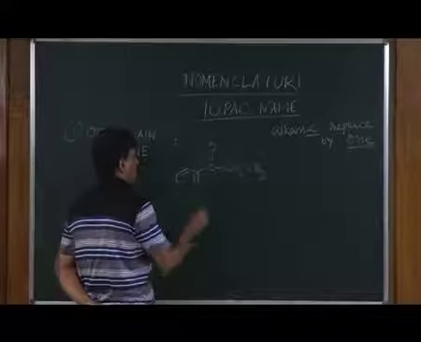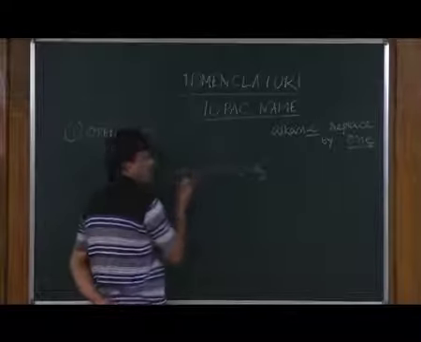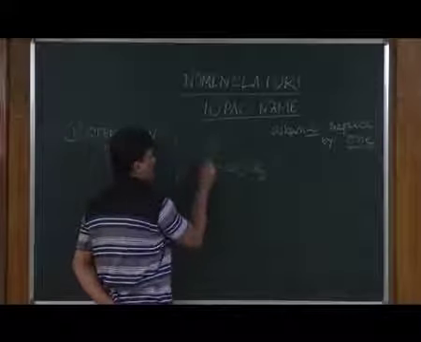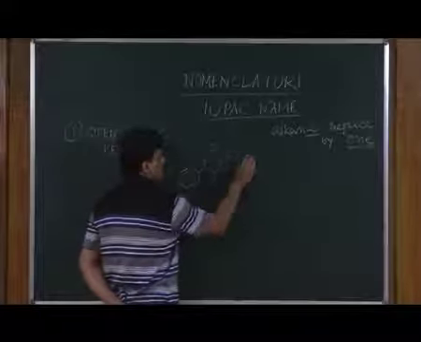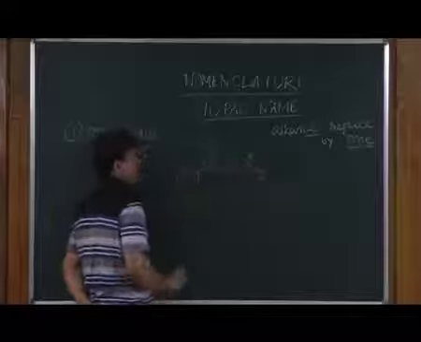So, here numbering will start from the carbonyl, because this is phenyl. So, we cannot give a number to the phenyl here. So, we have to start from the carbonyl.